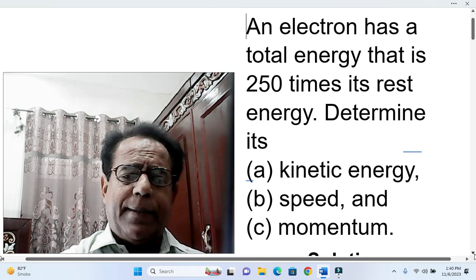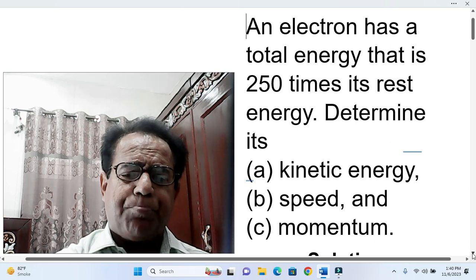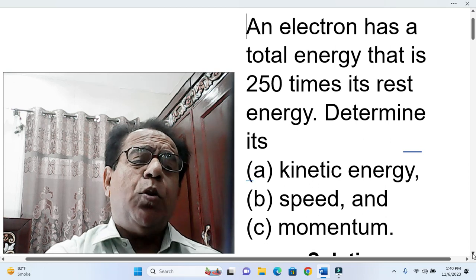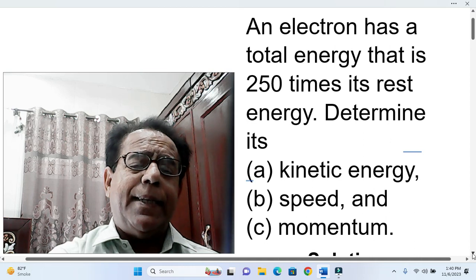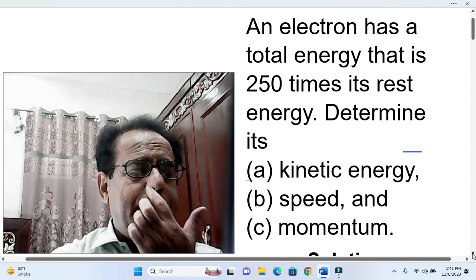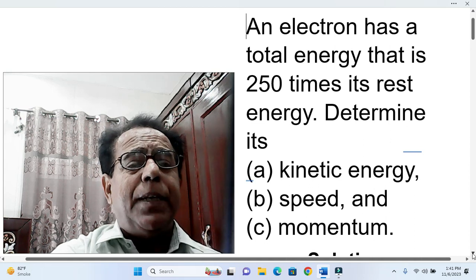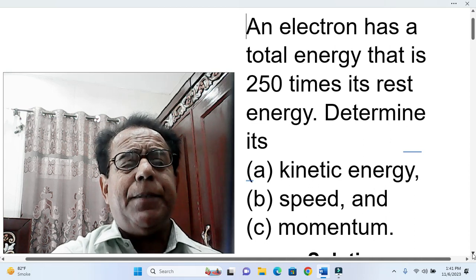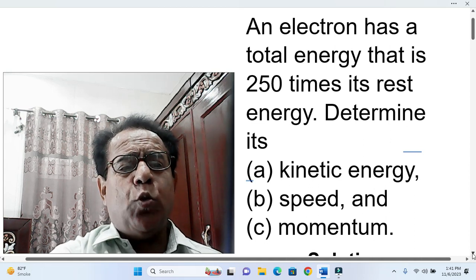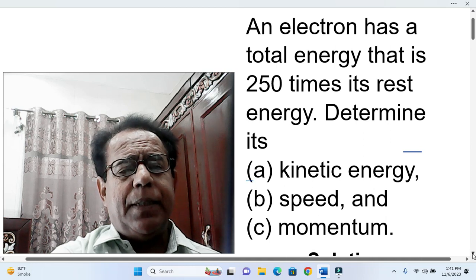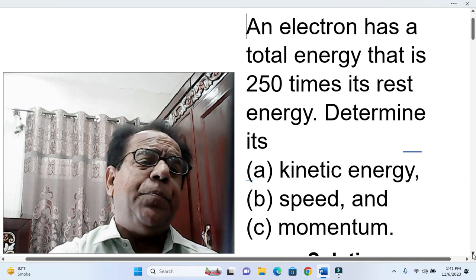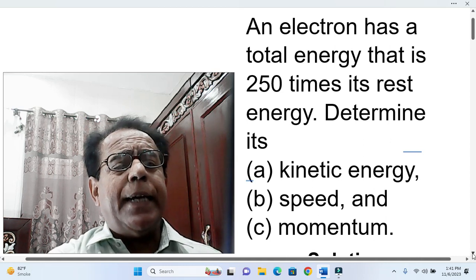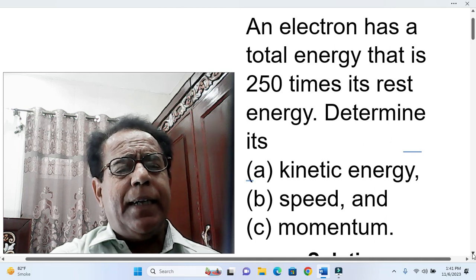Quite simple, quite easy, because rest energy, that is mc square, is given in tables of constants, and total energy is given, and we have several expressions in which total energy and kinetic energy are related.